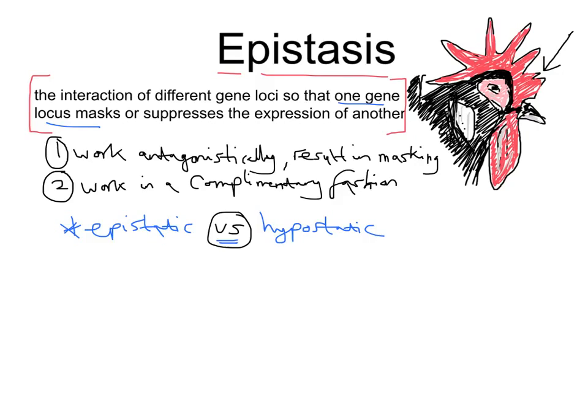Now, there are three particular types of epistasis. Now, the first of these is called recessive epistasis. So the first one we're going to look at is recessive epistasis.